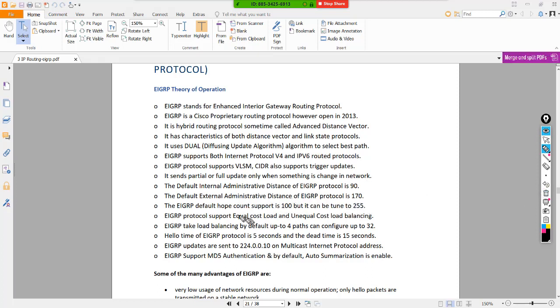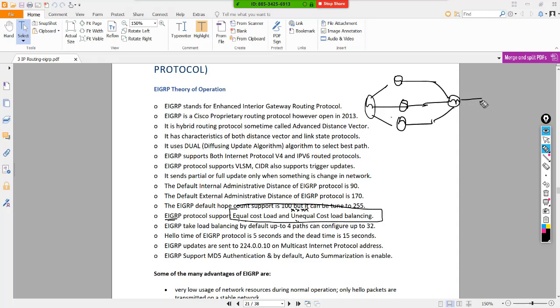And one more advantage of using EIGRP is equal load balancing and unequal cost load balancing. So this is very important. OSPF doesn't support unequal, it only supports equal, whereas EIGRP is going to support equal and unequal cost load balancing. Let's say I have multiple routers on my path and all of them are going to the same destination, 4.4.4.4, and I am on 1.1.1.1.